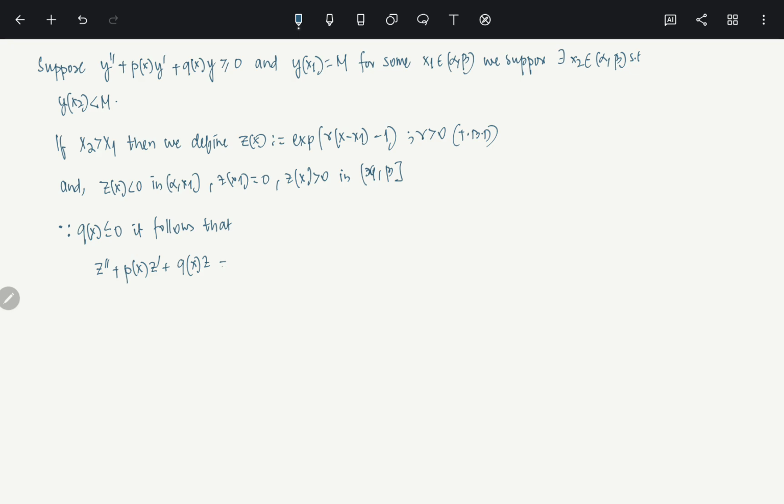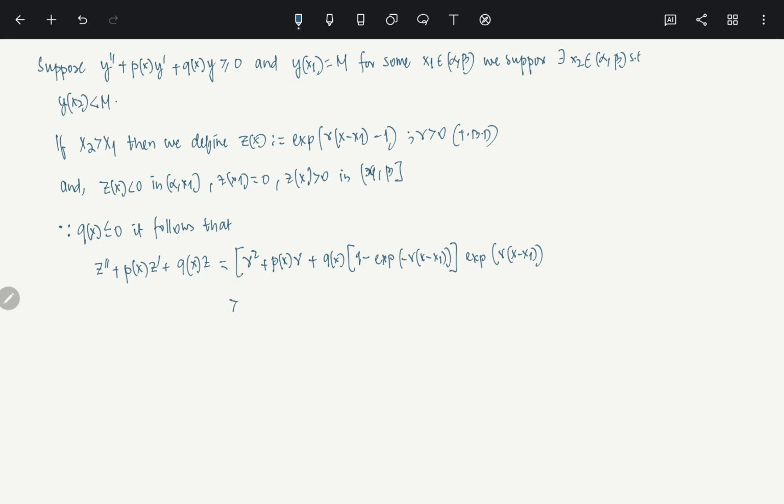If you just calculate it, please check this part, it is gamma square plus p of x times gamma plus q of x, times 1 minus exponential of minus gamma (x minus x1), and then exponential of gamma (x minus x1). Clear? That's what we are going to get.